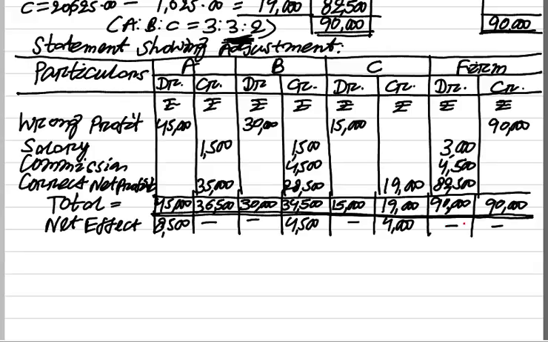Now we have to pass one adjusting entry in the fair notes, the journal entry.